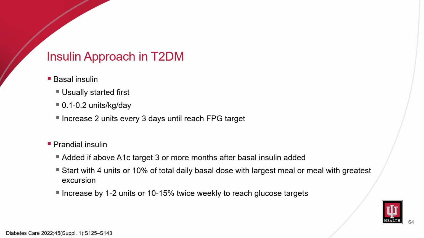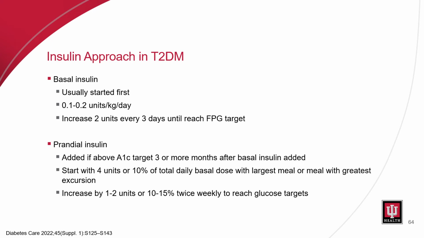So when we're starting insulin, we also need to pay attention to what medications we may be stopping. We do want to maintain our metformin therapy and many of our therapies that may provide benefits for other disease states. So thinking of our GLP-1 receptor agonist, which may be causing weight loss in patients, which we want, or maybe helping their cardiovascular risk.